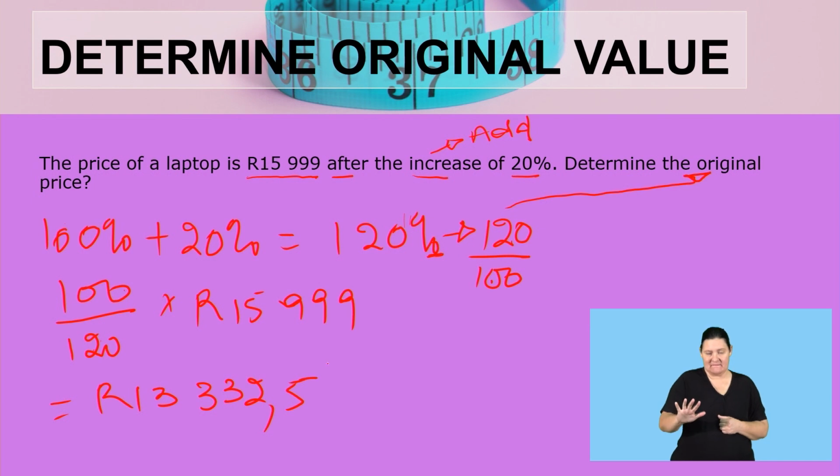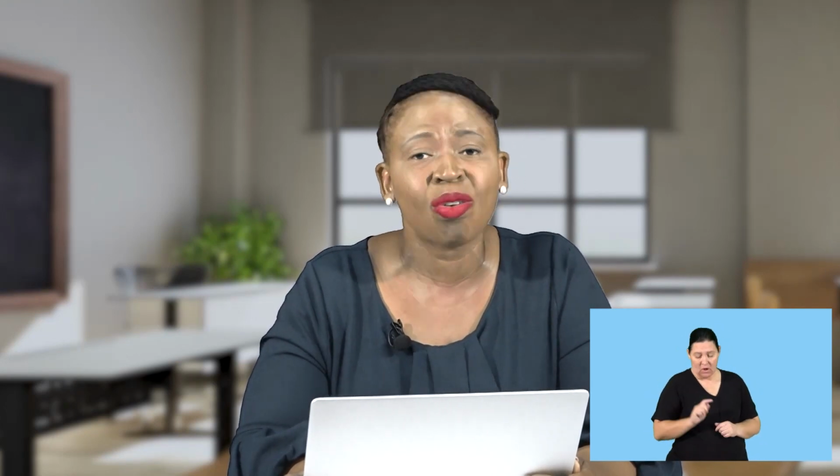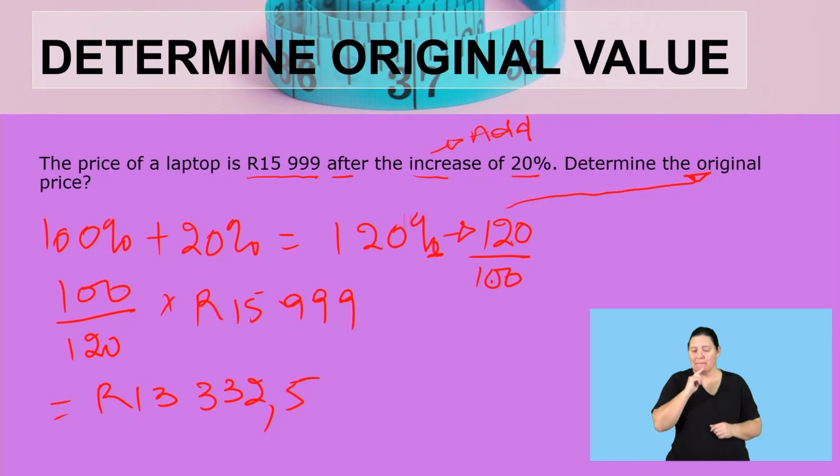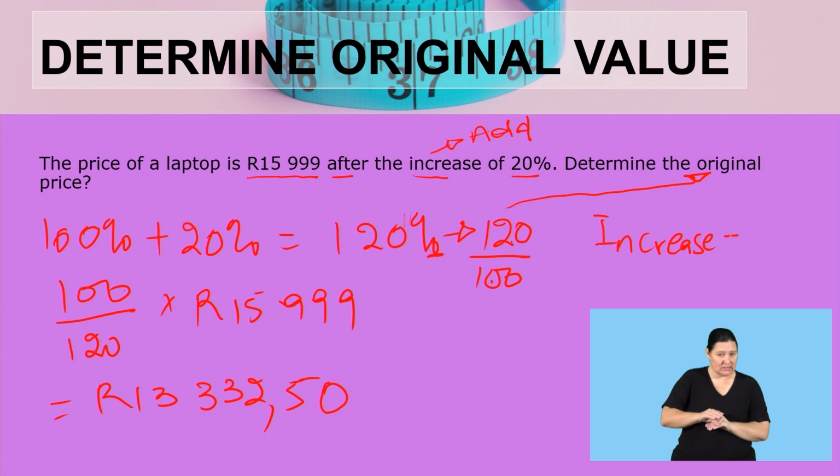But take note that this is South African currency, so we need two values after a comma. If your answer is 0.5, then to have two decimal places, the second decimal value will be a 0. We will add a 0. And the answer will be 13,332.50.